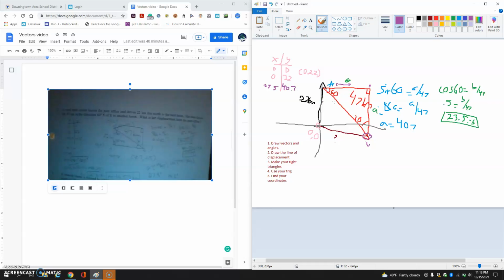But if you notice, there's a small hitch, and it's an important hitch. This is going south, so this has to be negative.